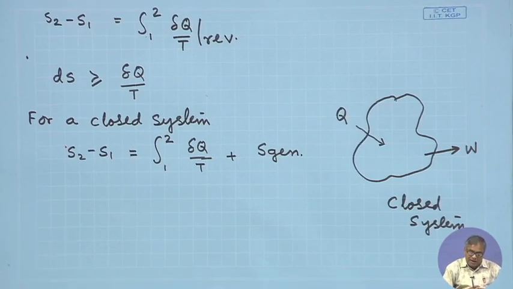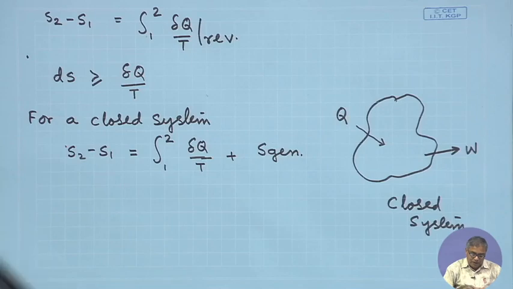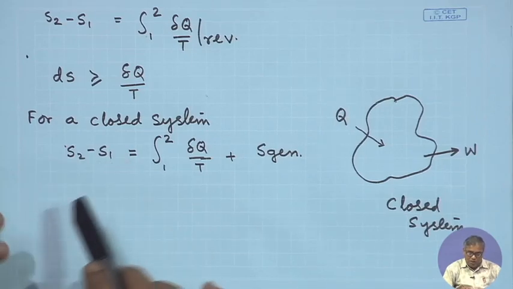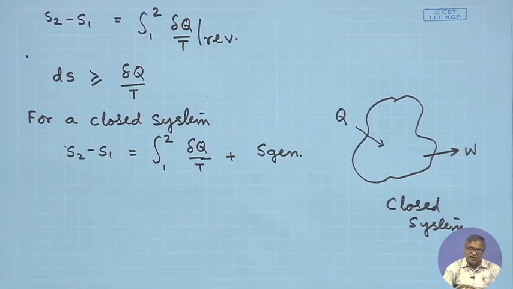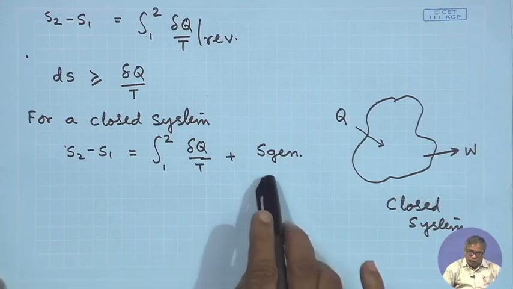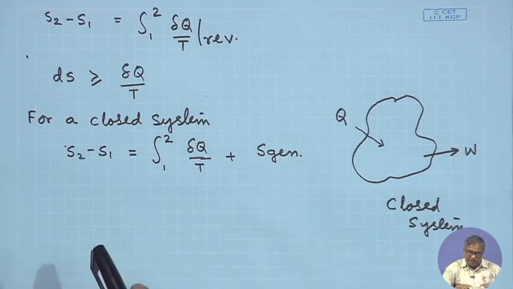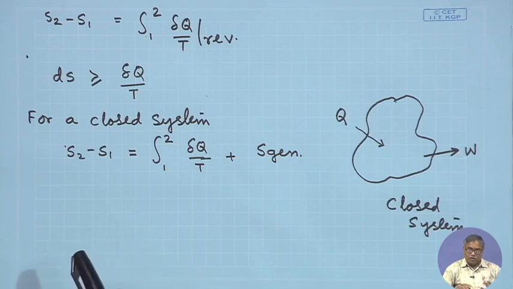If it is an irreversible process, apart from the change of property which may take place in going from one point to another point, there could be some generation of entropy. So, in the most generalized case, considering both reversible and irreversible processes, there will be a term called S gen.